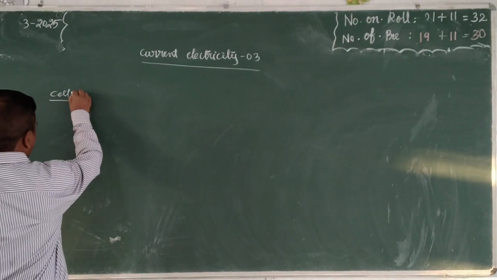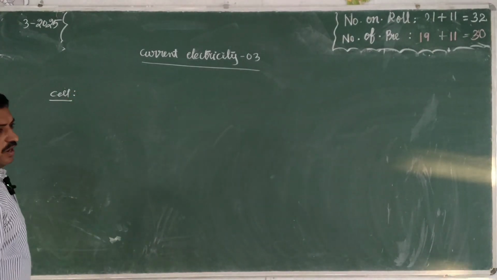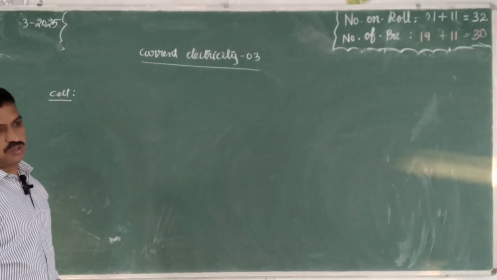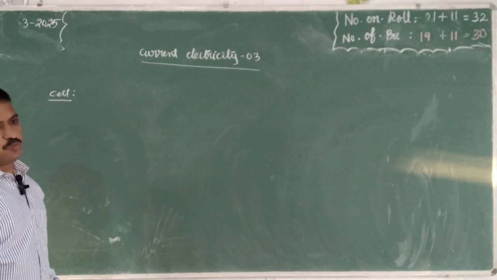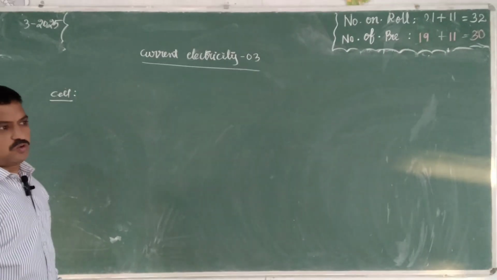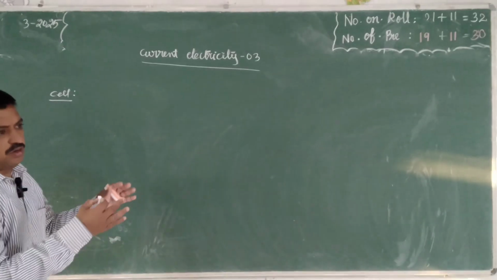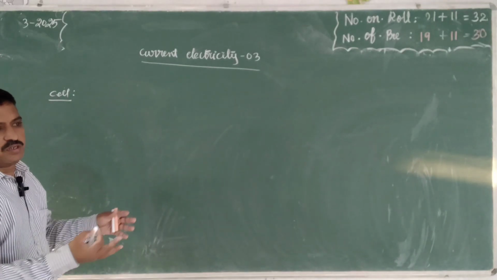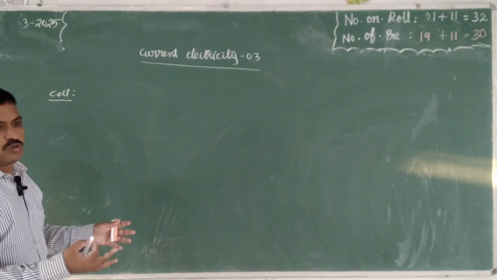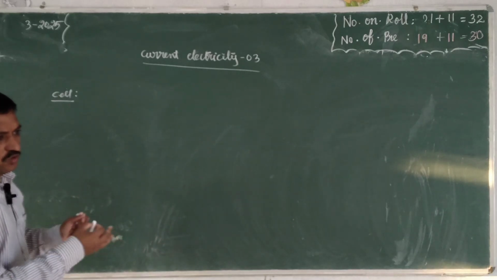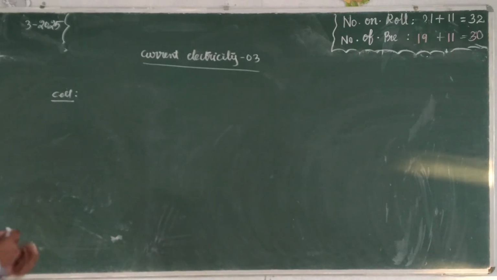A cell is an energy supply source. It provides electrical energy to the circuit elements, whatever devices are in the circuit, like capacitor, resistor, motor. The cell provides electrical energy to the circuit elements.